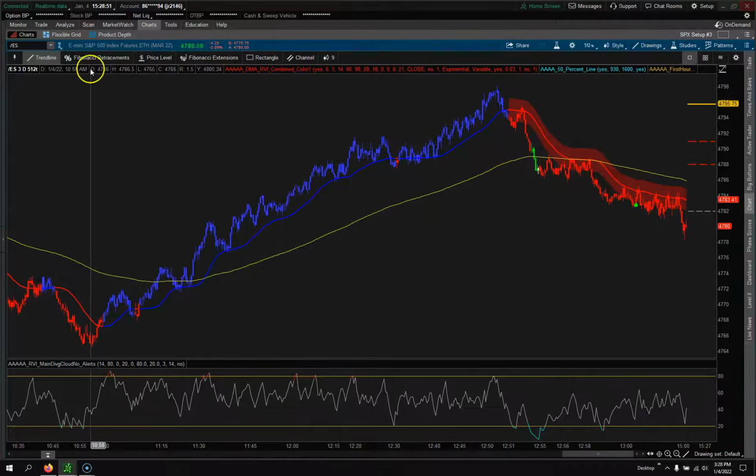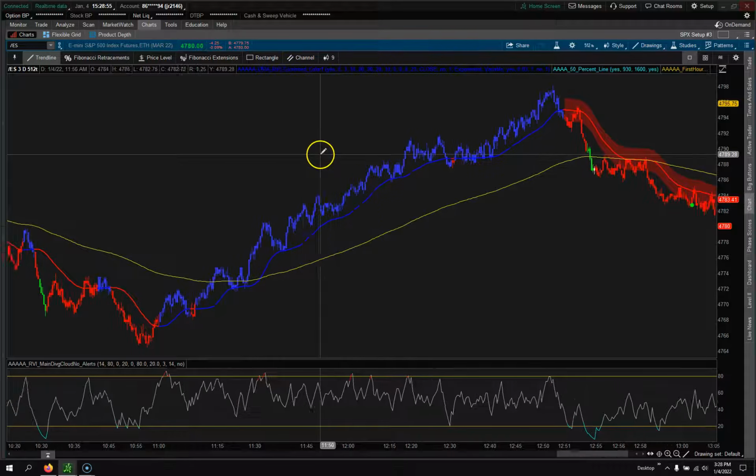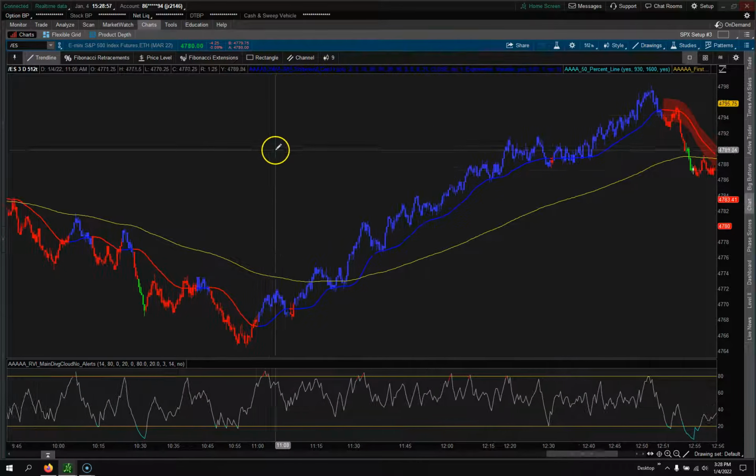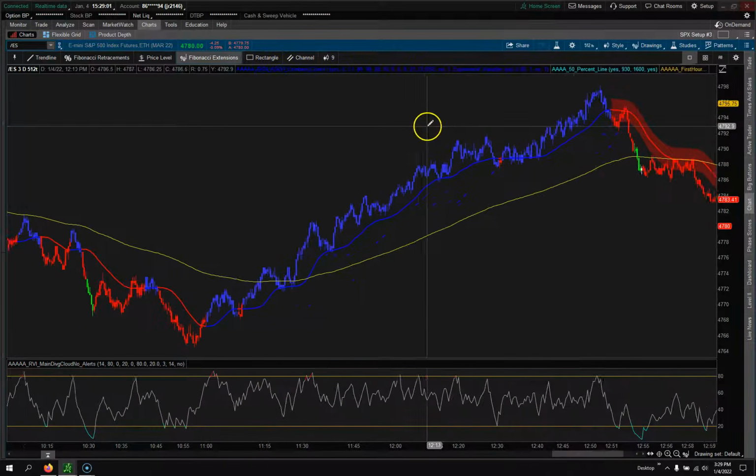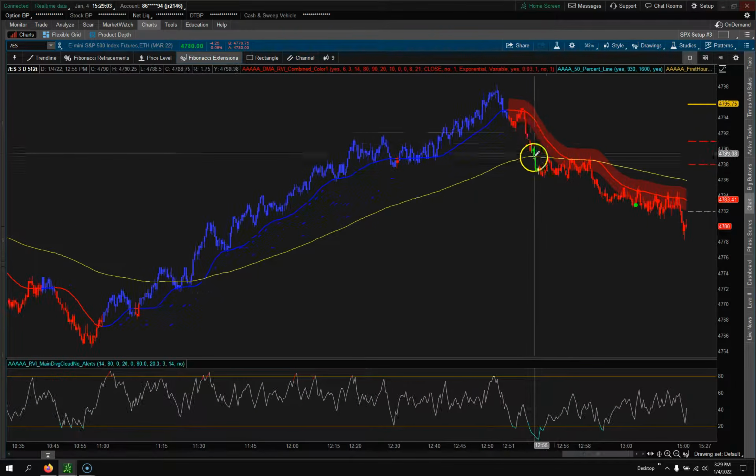Another way you could do all this too is come back over here and grab a Fibonacci extension. Just grab it, because we could see on the 512 tick chart, we could see patterns a lot easier. So we could see this is one big leg and then a big consolidation.